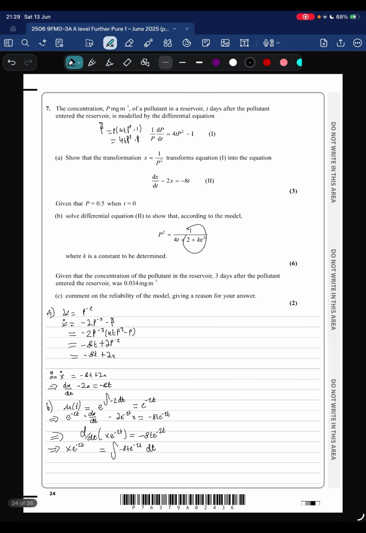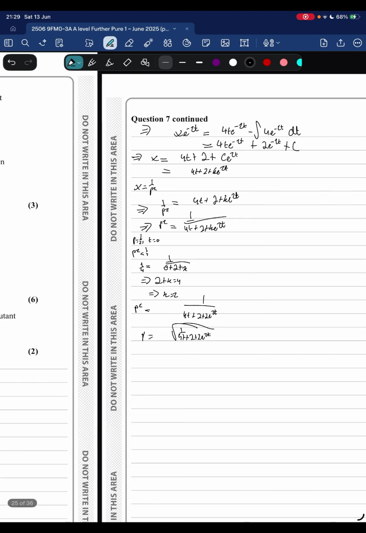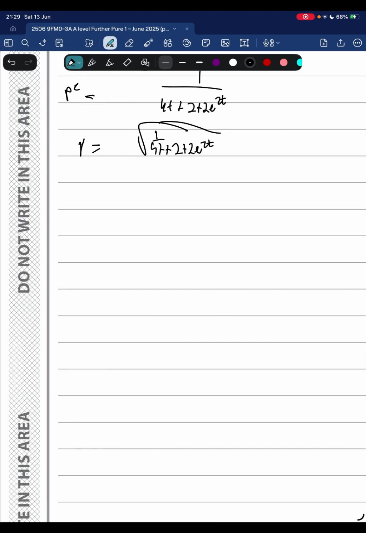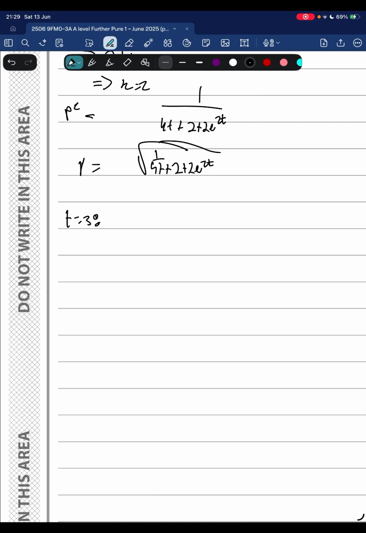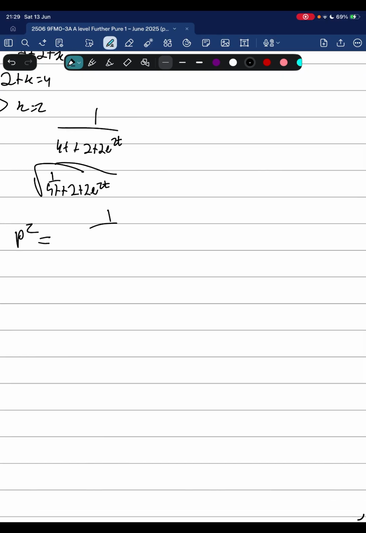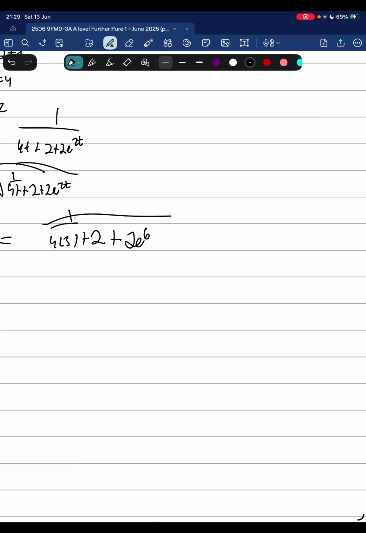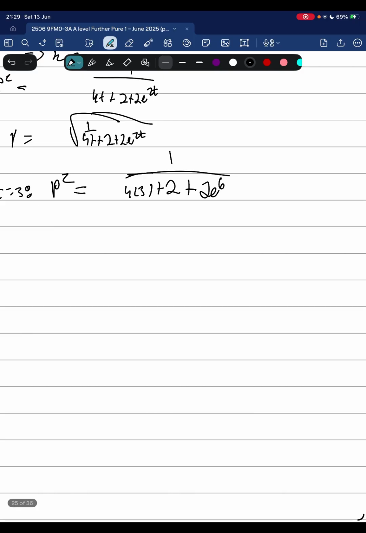Okay, so for part C, let's put in t equals 3, because t is in days. And then p squared, okay. So if we plug in t equals 3, p squared is going to be 1 over 4 times 3 plus 2 plus 2e to the 6, right? My fraction lines are horrible. Okay, so plug this in our calculator.